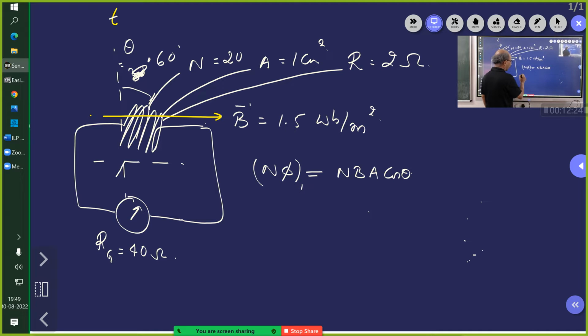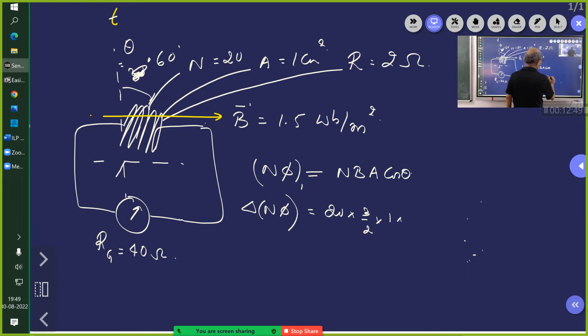So now if you pull the coil out, what happens? You will have to calculate delta N phi. Delta N phi will be, you just plug in these values. What are the values here? 20 into B, which is 1.5, and the area is 1 centimeter square, so I write it as 1 into 10 to the power of minus 4.